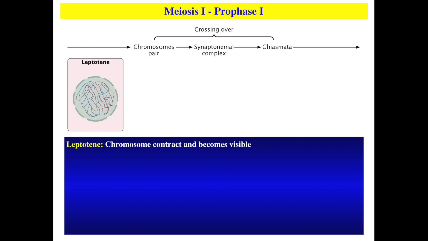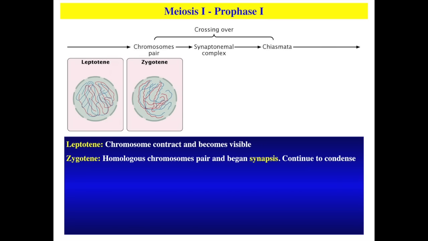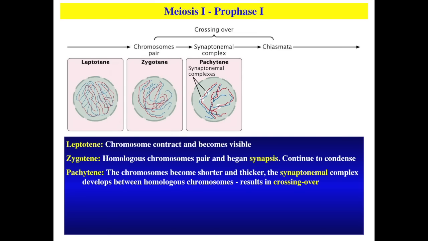During the leptotene phase, chromosomes contract and become visible. During the zygotene phase, homologous chromosomes pair and begin synapsis. The chromosomes also continue to condense. During the pachytene phase, the chromosomes become shorter and thicker, and the synaptonemal complex develops between homologous chromosomes.